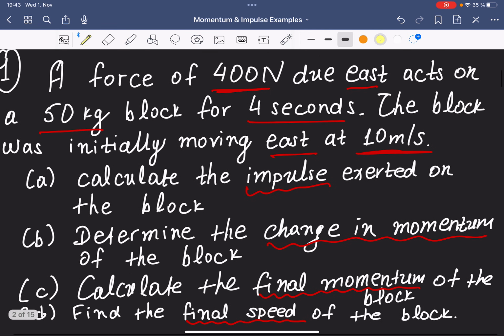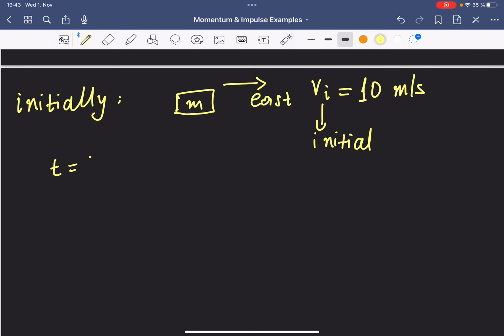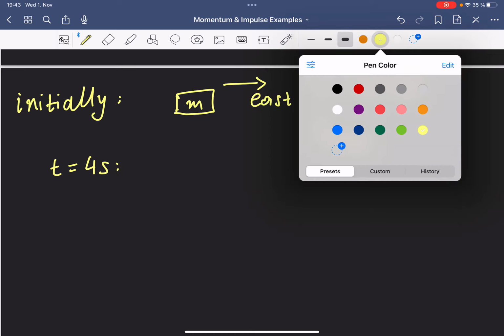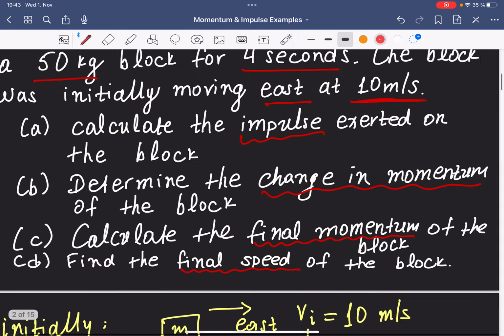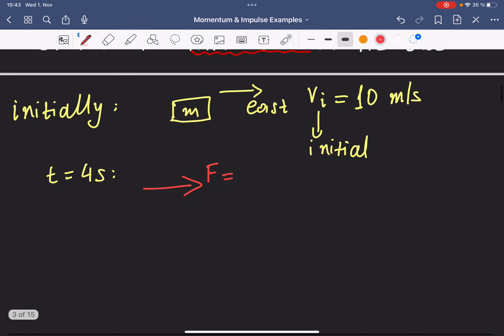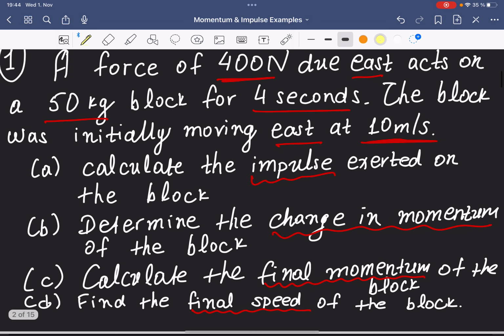Now, what happens next? At time equal 4 seconds, what you have here is a force F being applied on the object, and this force is equal to 400 newtons, and this would have an effect, of course, on our block M, which now will be moving also eastwards, but with the final velocity that we don't know.